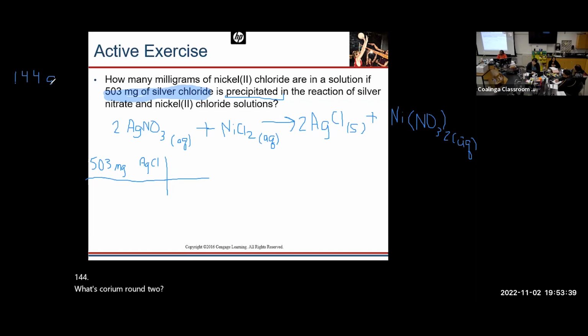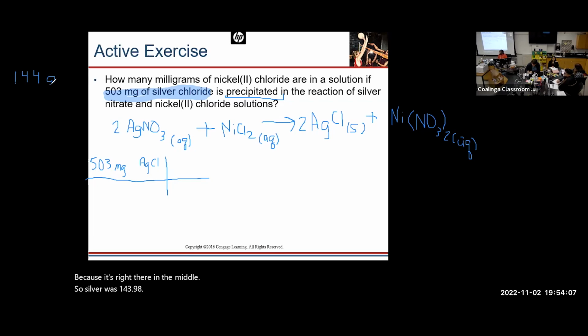Yeah, chlorine is 35.45 grams. I believe silver is... it depends on where it's at. It's right there in the middle, right? So I would never round it.